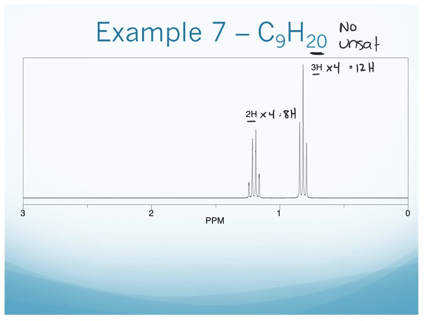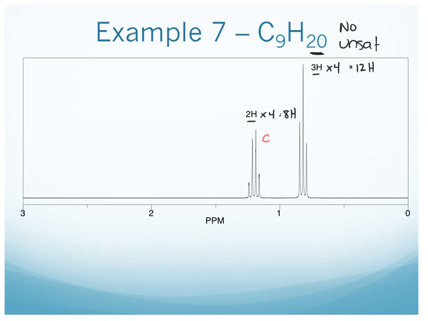So what could this be? Well, this first signal at about 1.2 or 1.3, that being 8 hydrogen, well, it can't be anything like a CH8 or even 2 CH4s, doesn't make any sense.